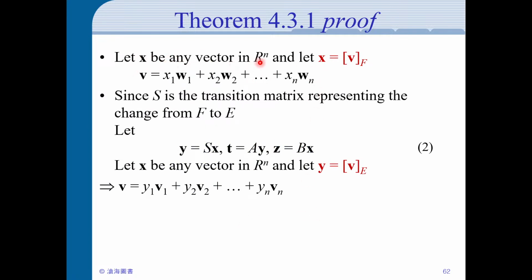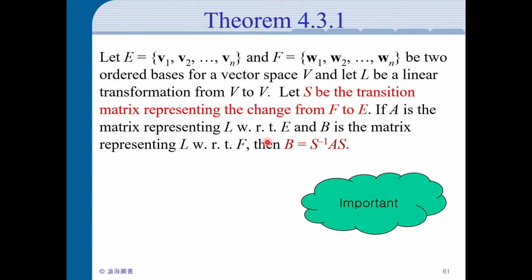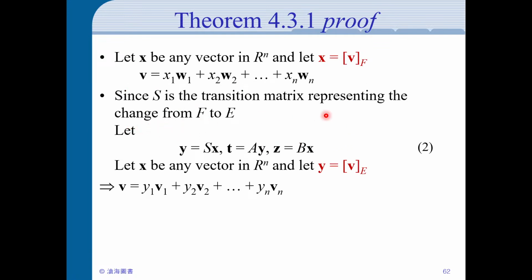If X is any vector in Rn, we can write X in terms of V, and we have S being the transition matrix from F to E. We write X in terms of F first, and then we use this transition matrix to find its representation in E, so we have y equal to S of x, y1 to yn.